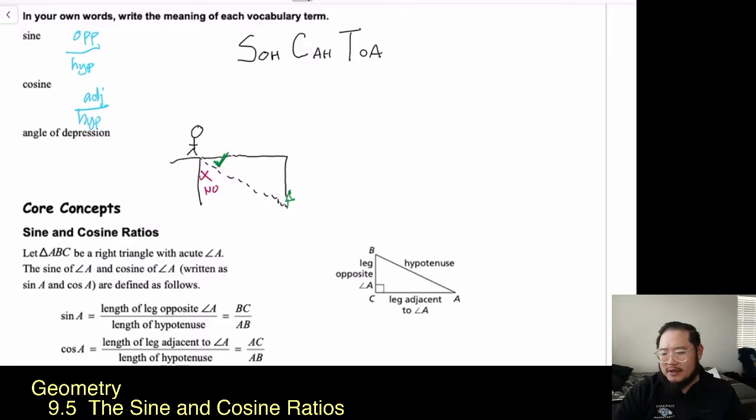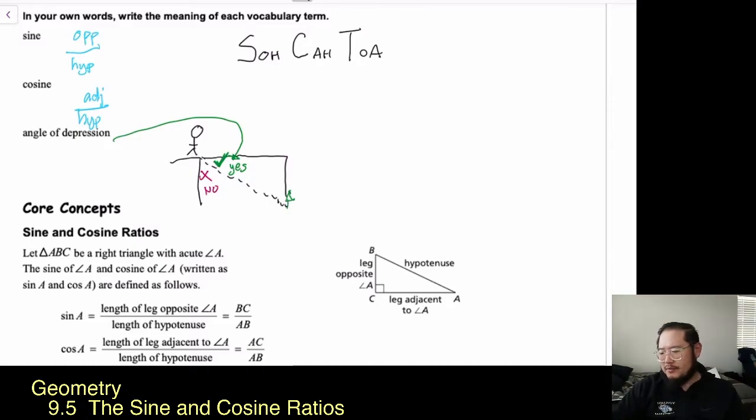I'll put a check mark and I'll put yes. And that is your angle of depression right there. So it's important to know the correct location and spot for the angle of depression so you can get the problem correct and understand where exactly it's supposed to be.